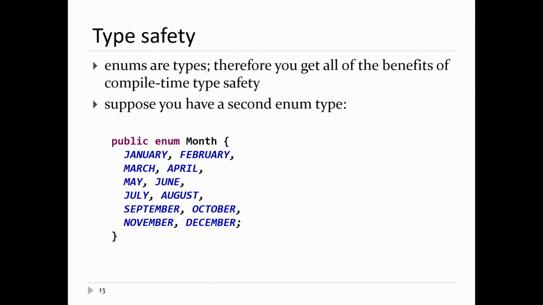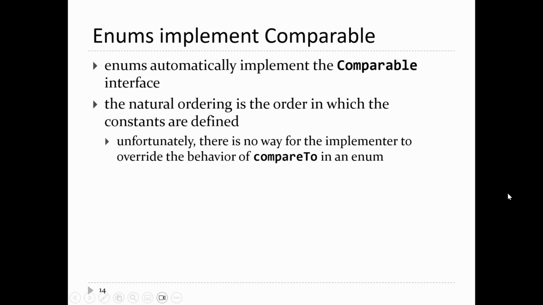For example, the way compareTo works for months is that this is the smallest month and that's the biggest month. February is the 2nd smallest month, November is the 2nd largest month, and so on and so forth. There's no way for you to change the behavior of compareTo in this case. You cannot replace the definition of compareTo in your enumeration.